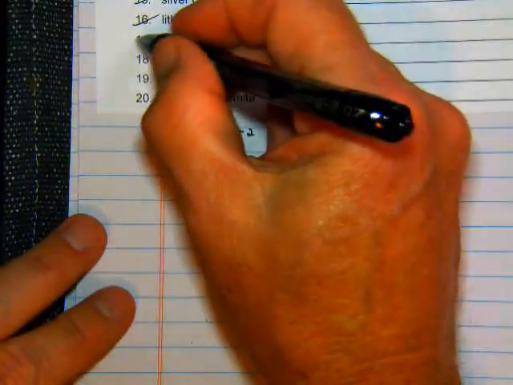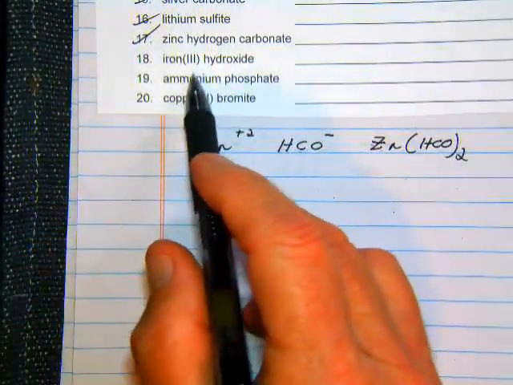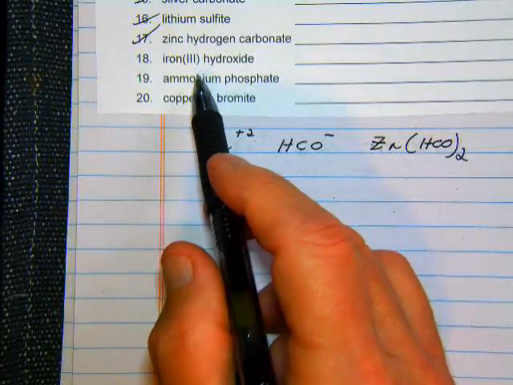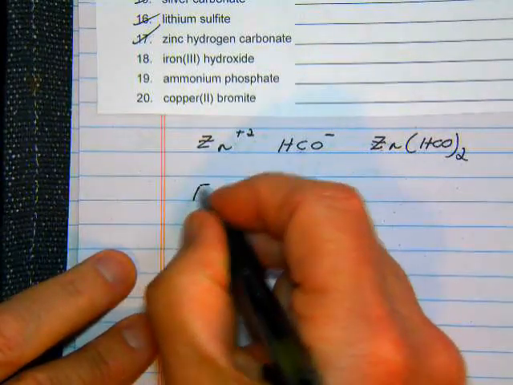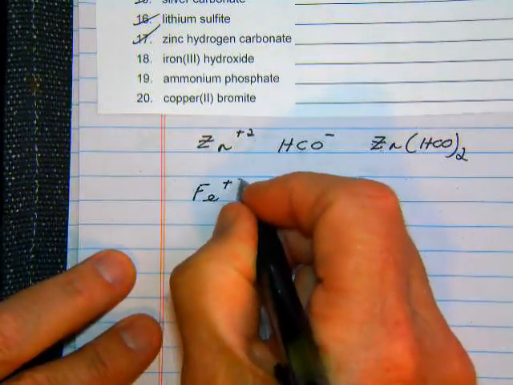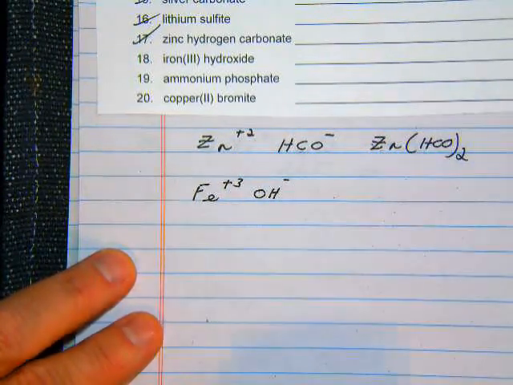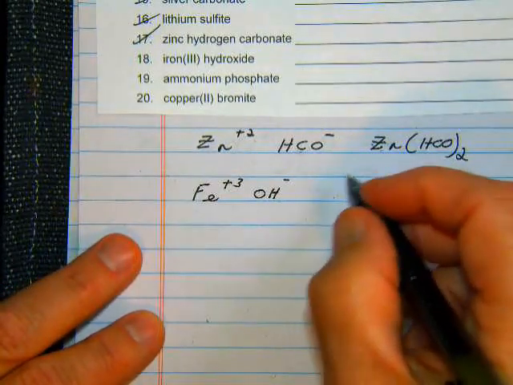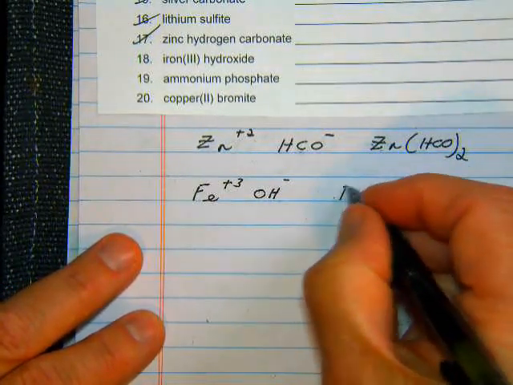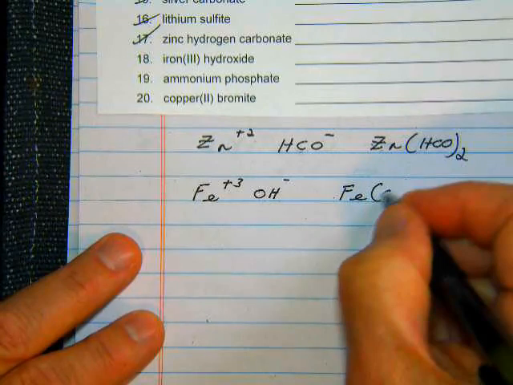18, iron 3, so it's telling us this iron has a +3 charge. So iron +3, and then hydroxide is a -1. So if we swap crisscross, we have Fe(OH)3.